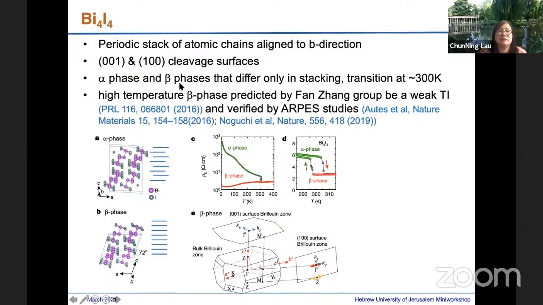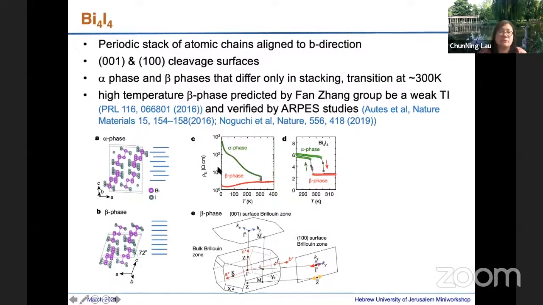They have an alpha phase and a beta phase. They differ only in stacking, and the structural transition between the two phases happens at about 300 Kelvin. The alpha phase is the natural, low-temperature phase, and the beta phase is the high-temperature phase.